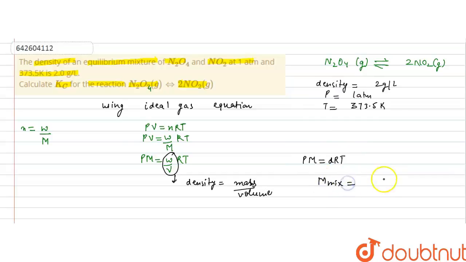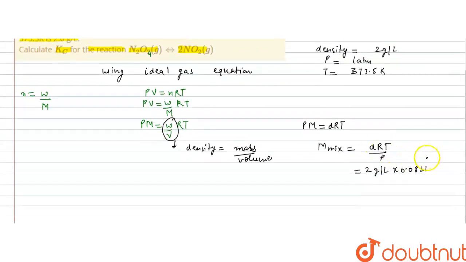The molecular mass of the mixture would be dRT by P. So density is given as 2 gram per liter, R value is 0.0821 liter atmosphere per mole per Kelvin, and temperature is given as 373.5 Kelvin, divided by 1 atmosphere pressure.